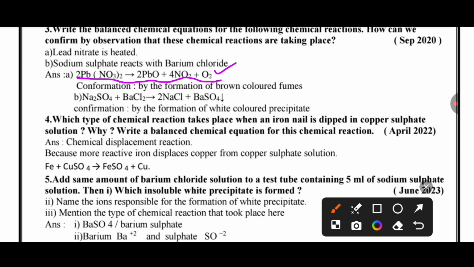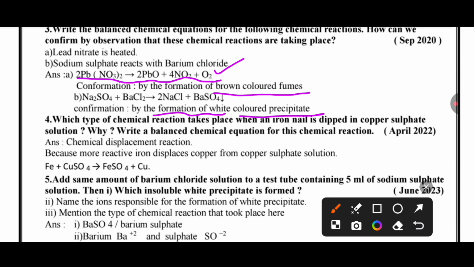The reaction taking place can be observed by seeing the brown fumes liberated from the test tube. Na2SO4 plus BaCl2 gives 2NaCl plus BaSO4. The confirmation is white precipitate formation in the test tube.